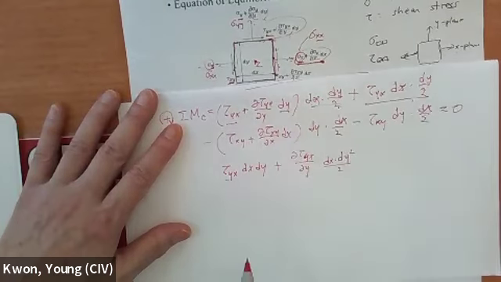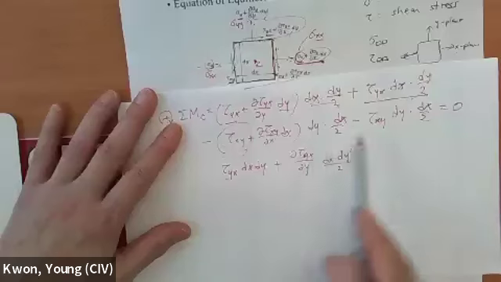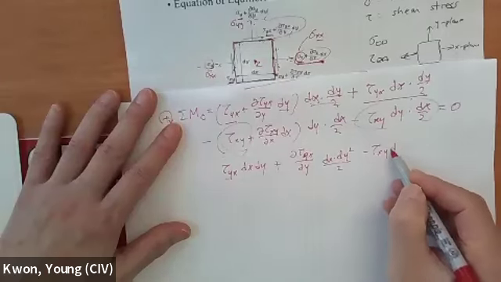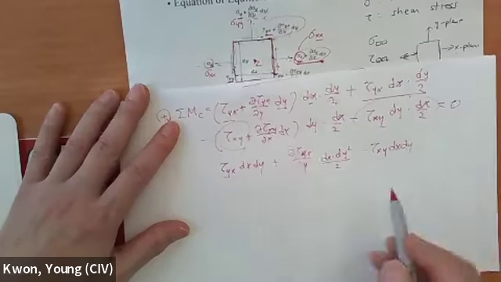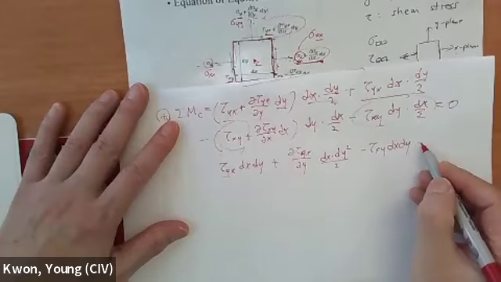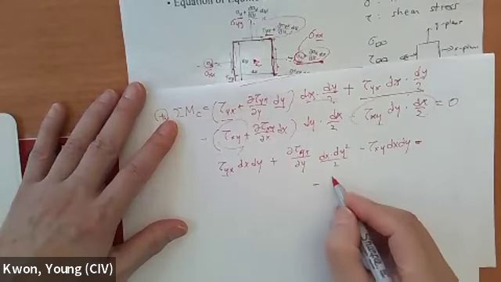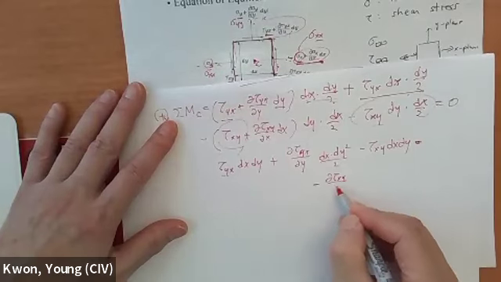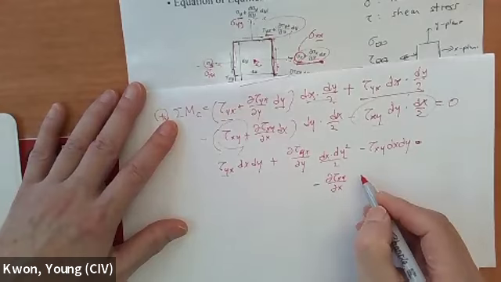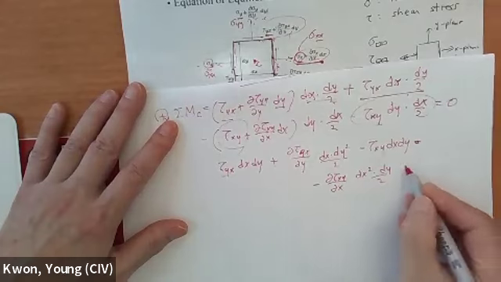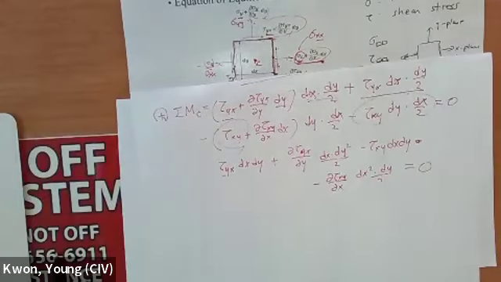And from here and here, you get tau sub xy dx dy again, minus, and let's put minus here, minus partial tau xy partial x, dx squared dy over 2, equals 0. Right?